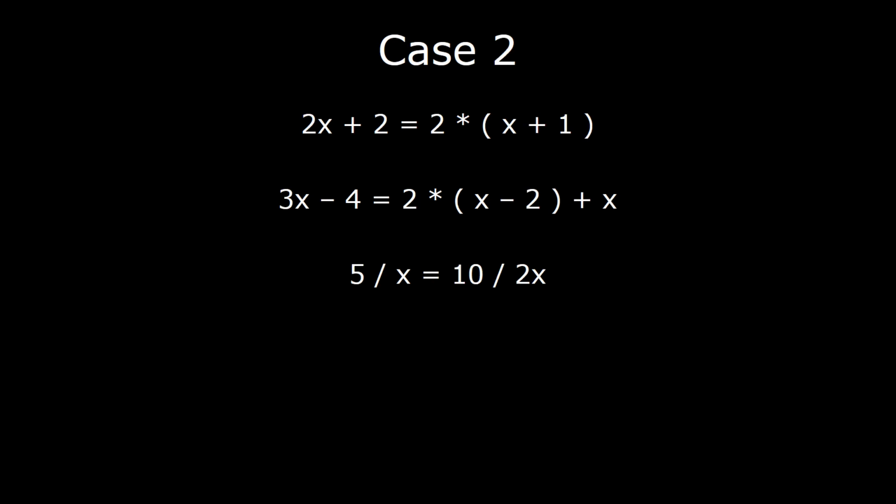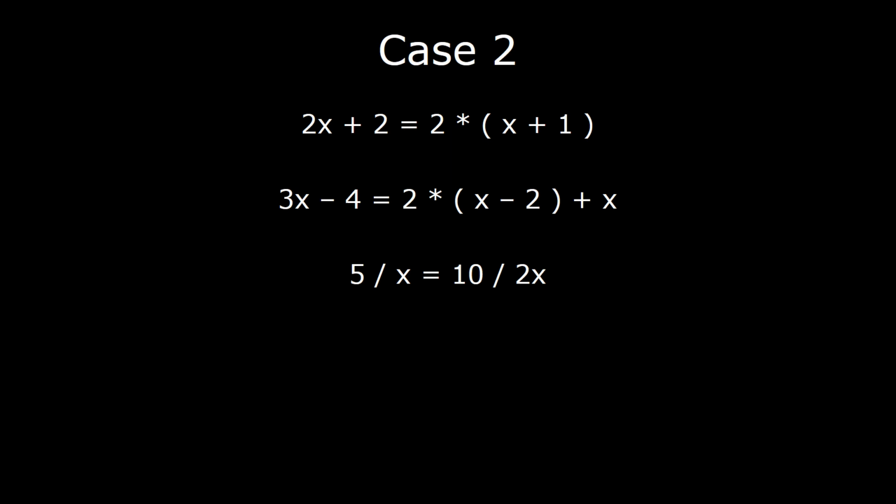Case 2. 2x plus 2 equals 2 into left bracket x plus 1 right bracket. We do not like brackets because what we're really interested in is the full expression that lies behind the veil of those brackets.